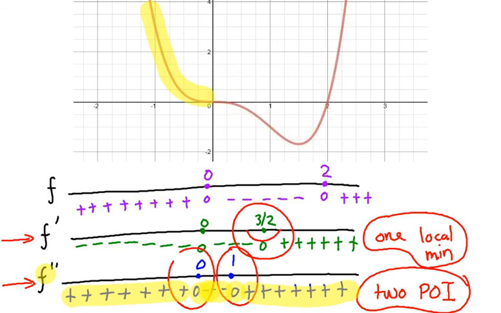So let me go back and label for you. So here are the points of inflection right here. And what did we say at 1? Okay, so it looks like we're bending up, bending down, bending up again.